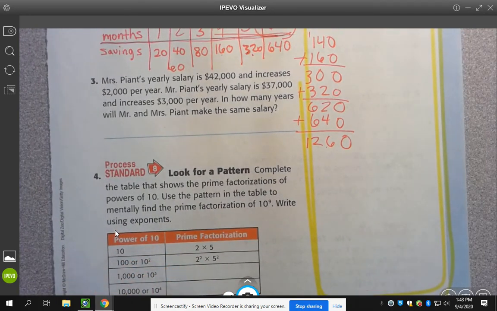All right, look at the paint lady now. Nope, sorry, it's Peance. Mrs. Peance. Paints. Well, Paints is P-A-I. Whatever. All right. Her yearly salary is $42,000, and she makes more than me. How dare you, lady? Mrs. Peance yearly salary is $42,000 and increases $2,000.